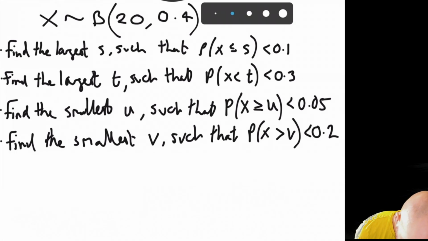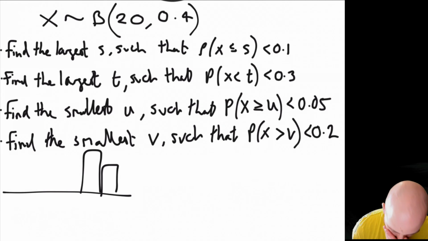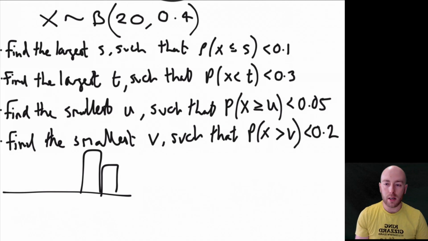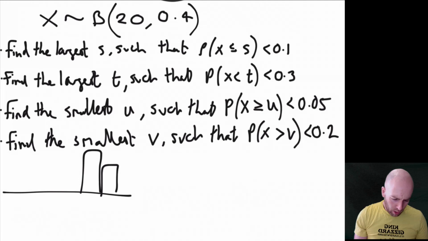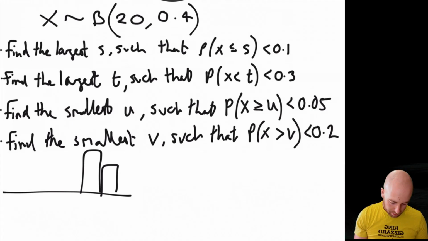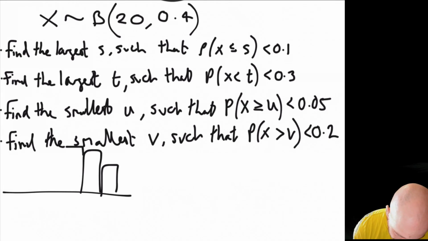If I sketch a little distribution down here, the most likely value, if I do 20 times 0.4, is 8. So 8 is our most likely outcome. So put 8 there.